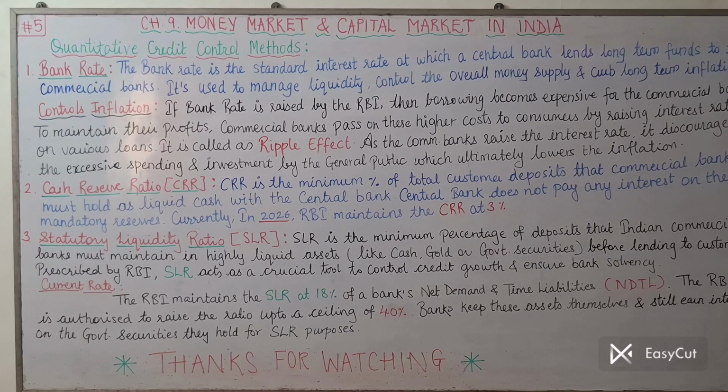See, the CRR rate is very small, just 3%. So the banks are okay with keeping 3% with the central bank without getting any interest on it. But the SLR rate is very high, currently 18%, so naturally it constitutes a big amount of their NDTL.